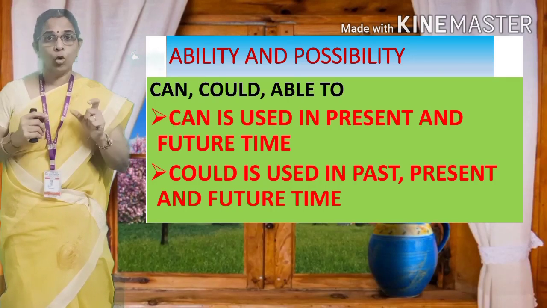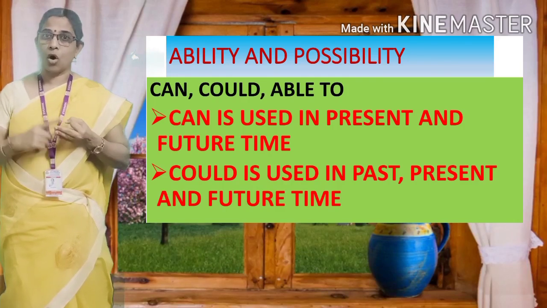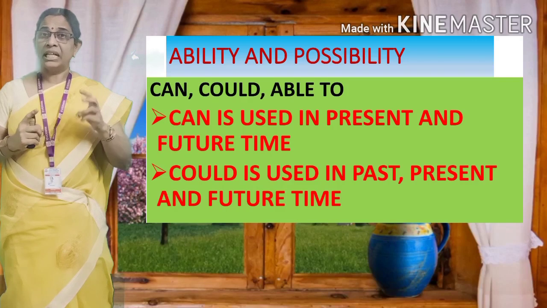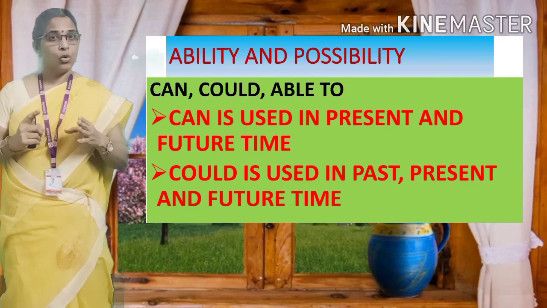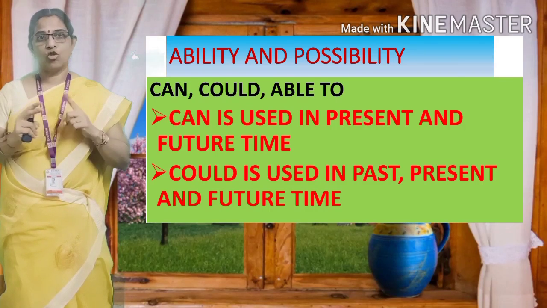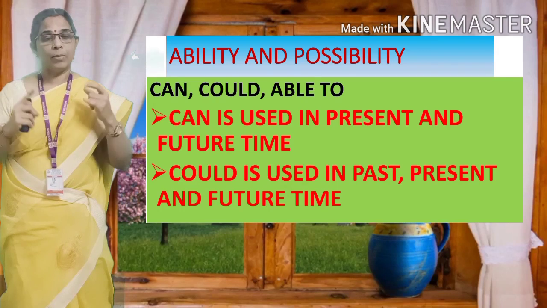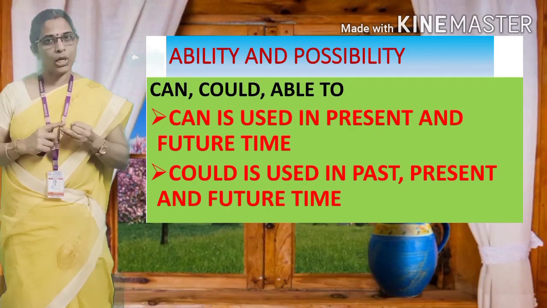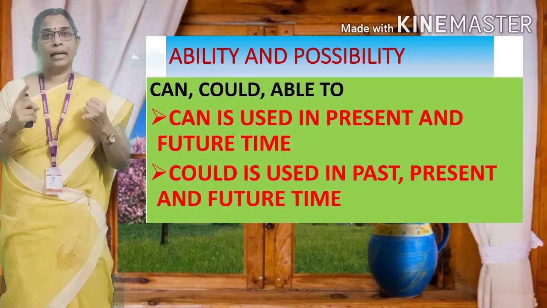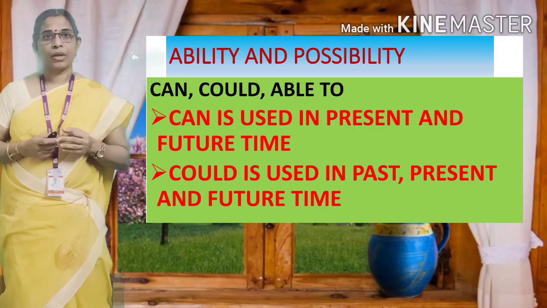But the word could we can use in past tense, present tense or future. So in three tenses you can use could, but only in two tenses you will be using can. Can will be used in present and future. Could will be used in past, present and future tense.